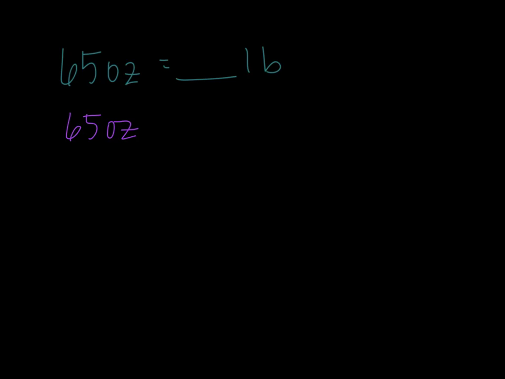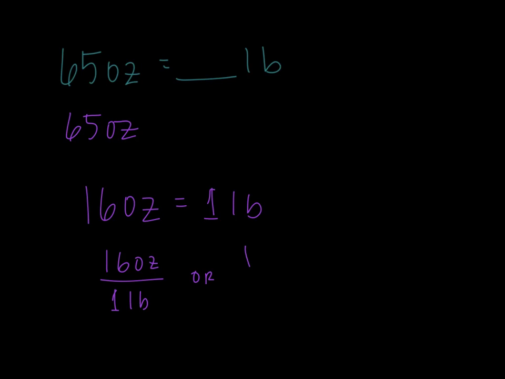Okay, so I see that there's 16 ounces and 1 pound. And so 16 ounces is equal to 1 pound. I can write this like this, or I can write it like that. Since I want to go to pounds, I need to make sure that my ounces cancel out and go away.